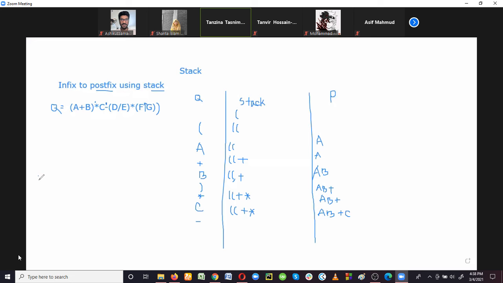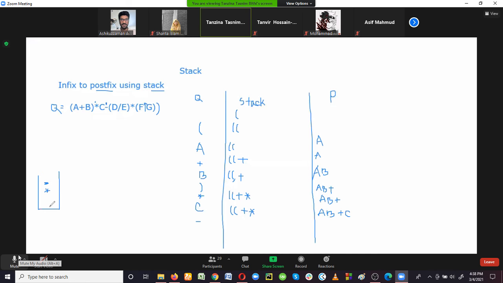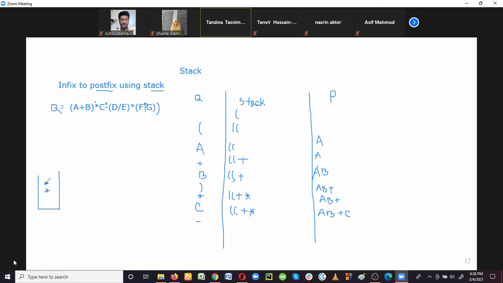Already the stack has some element and the topmost element is multiplication. Now can we place minus on the top of it? No. It's not possible, because the multiplication operator has the highest priority. That's why we cannot place it. We cannot place minus at the top of the multiplication operator.